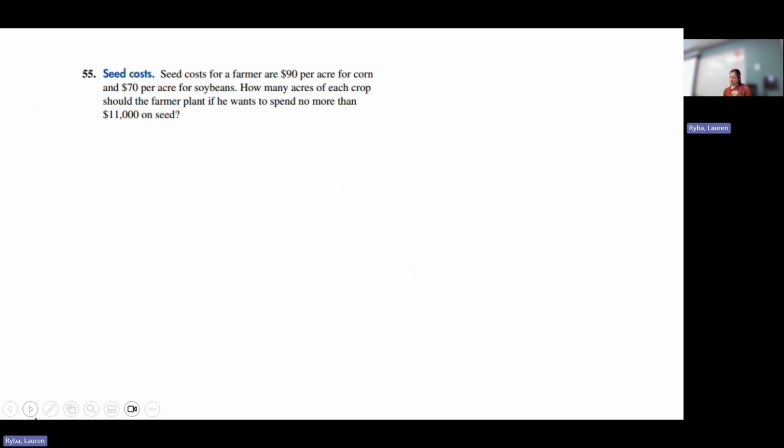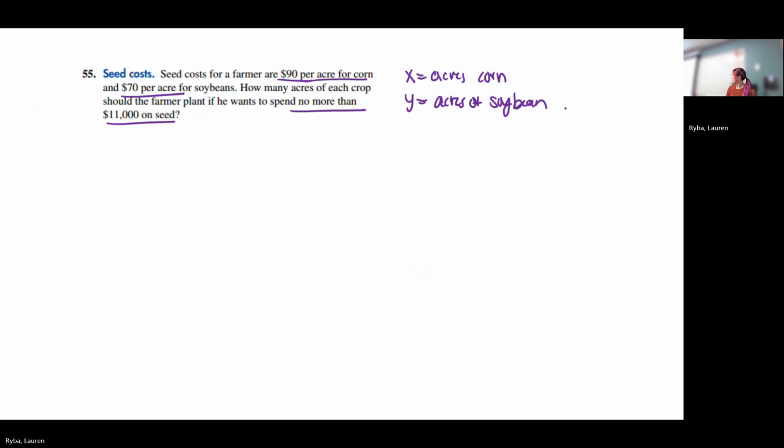So we have to translate this into an equation. $90 per acre of corn, $70 per acre of soybeans, no more than $11,000. So I'm going to let X stand for acres of corn and Y stand for acres of soybean. Then we want to take a shot at how I would write this.